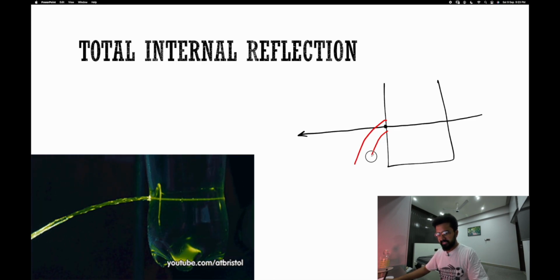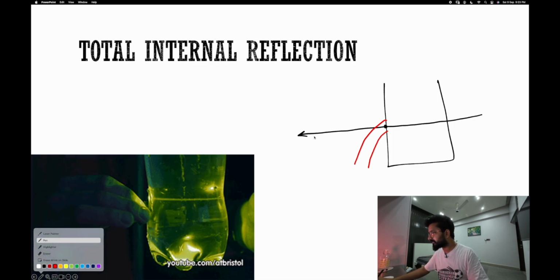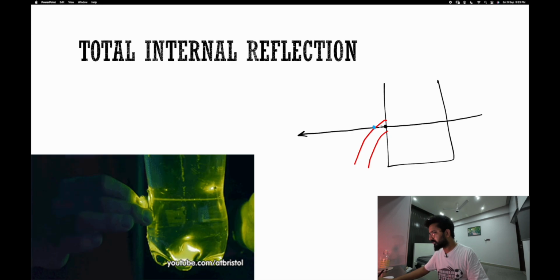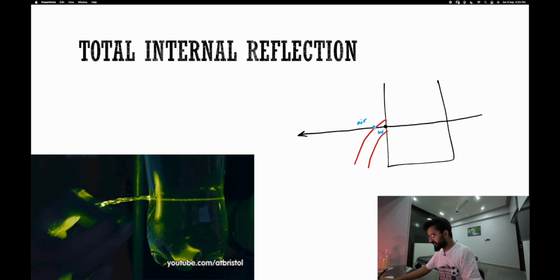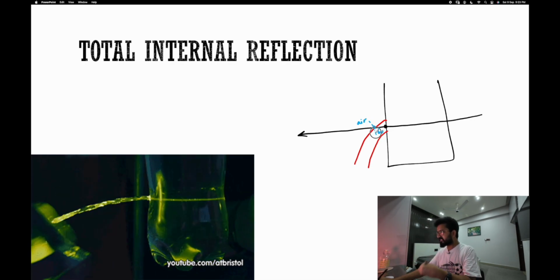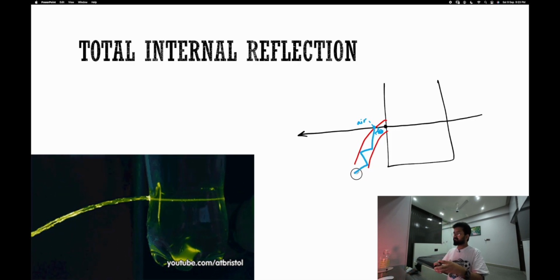Now you can see at this point here, the light is traveling from water into air. So this angle of incidence theta here is beyond the critical angle, which makes the light continuously reflect within the water, which is basically total internal reflection.